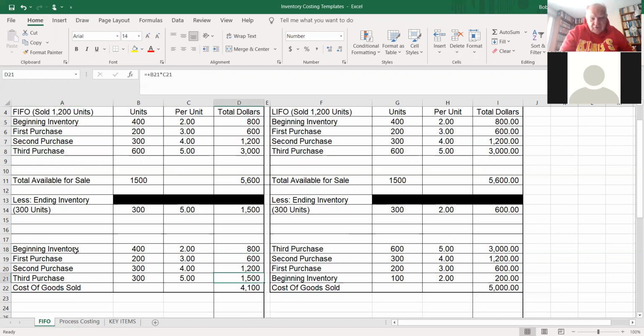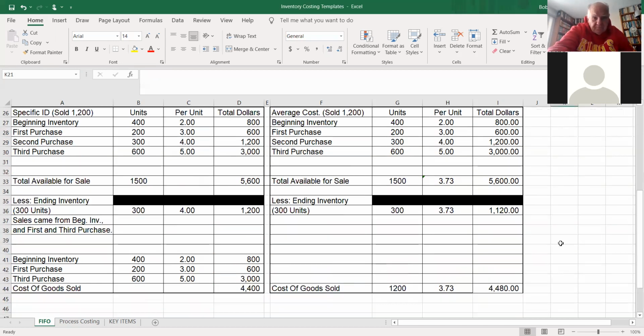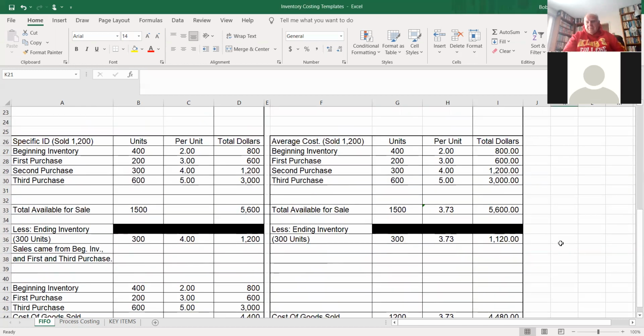Let's look at the average cost. The two easy ones, the average costing. This is super easy, as long as you know how to get the average cost. The average cost is defined as follows: total dollars available divided by total units available. 5,600 divided by 1,520 is $3.73.